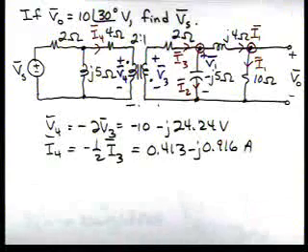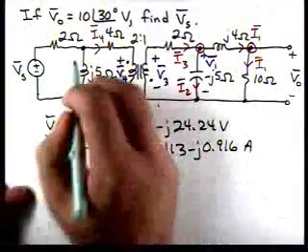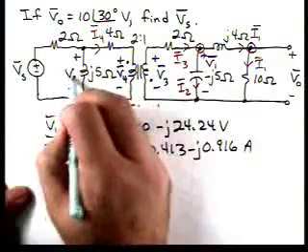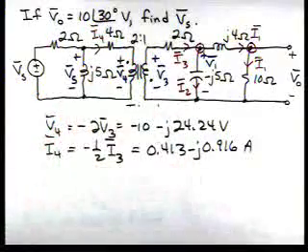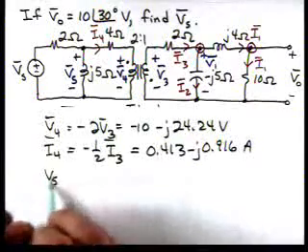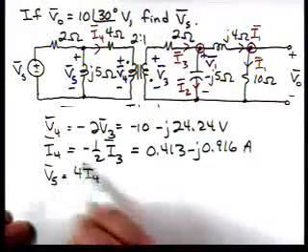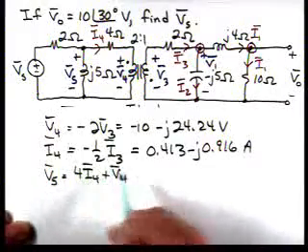Now, we have that. We can calculate the voltage. I'm going to call it V5. And V5 then is 4I4 plus V4.